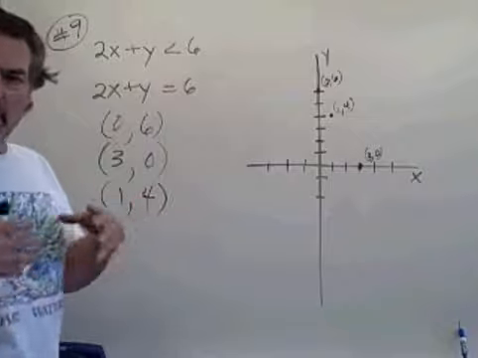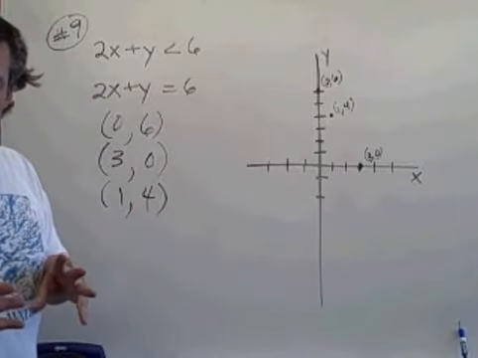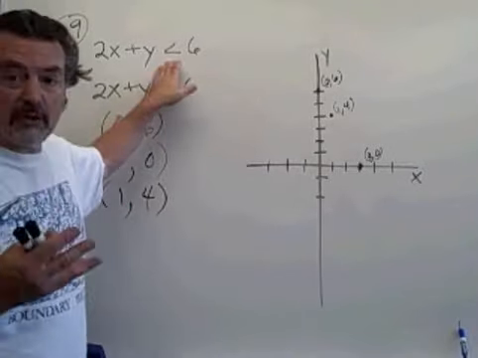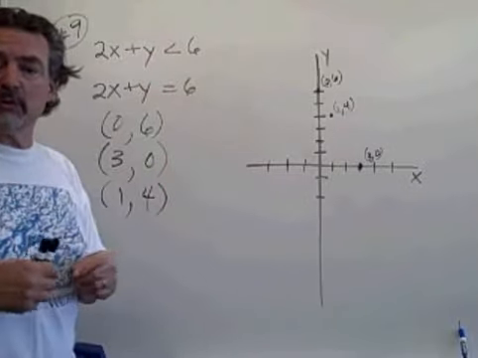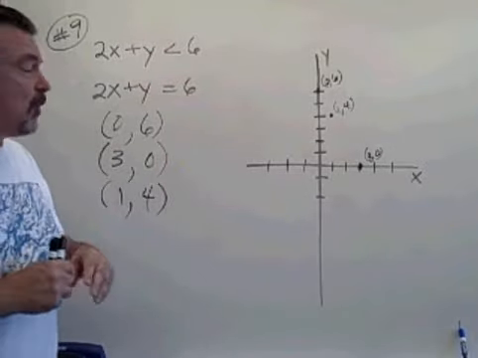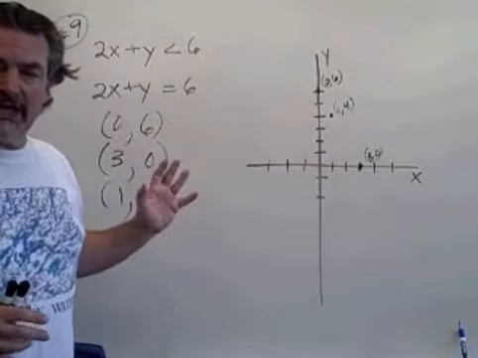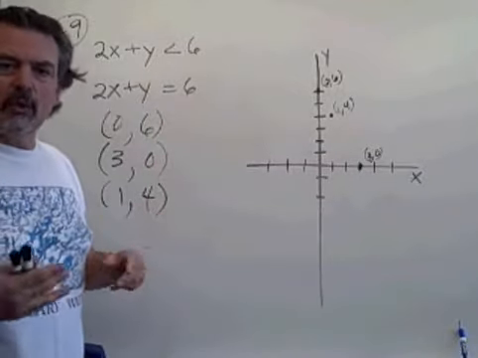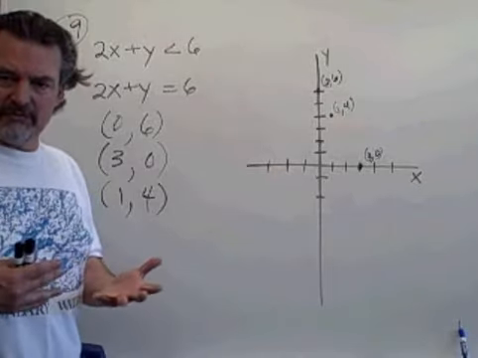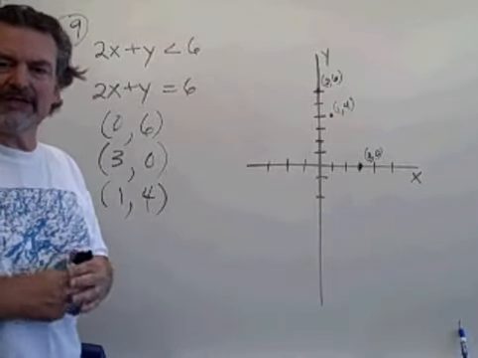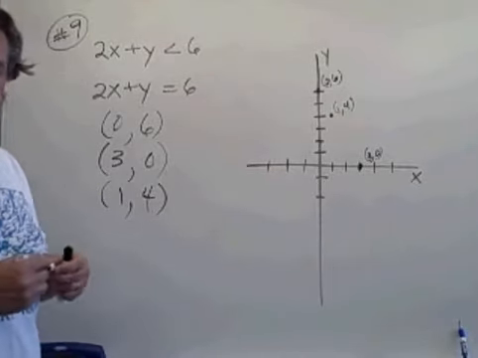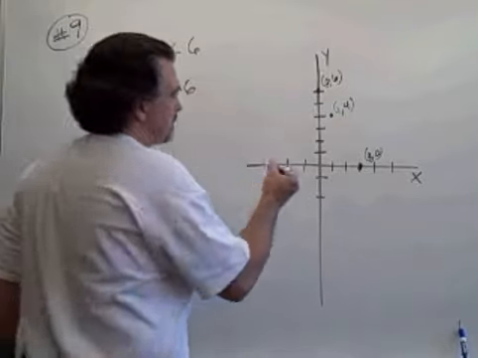In this case, we don't want the pairs that make it equal to 6. If this was less than or equal, or greater than or equal, we would want the pairs that make it 6. When you want the pairs that are on the line, you make the line solid. When you do not want the pairs as part of your solution set that are on the line, you make the line dashed. So in this instance, we need to make our line dashed.